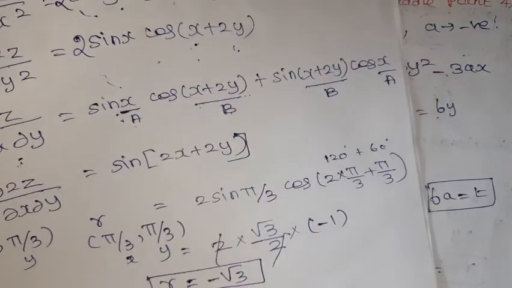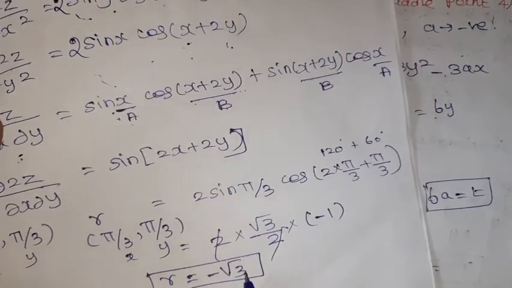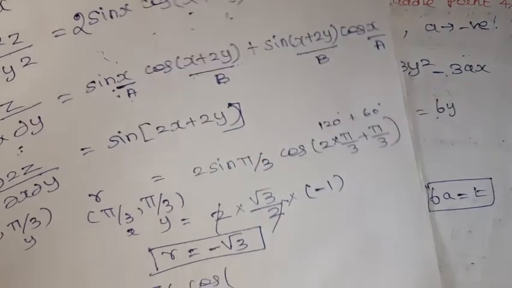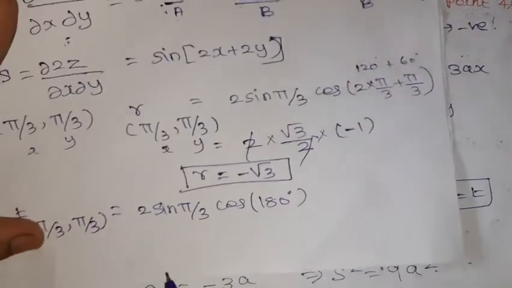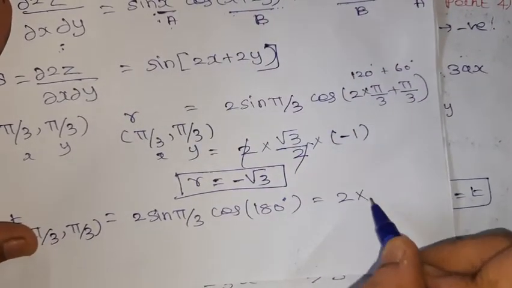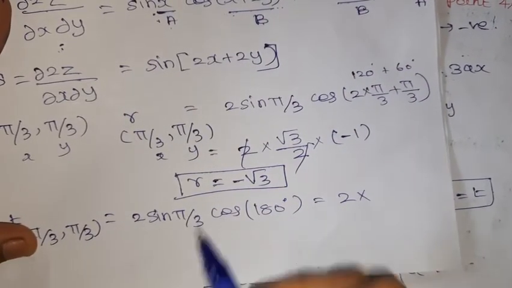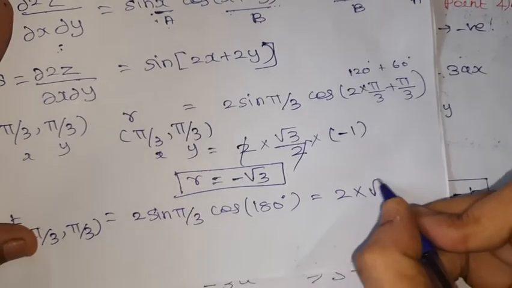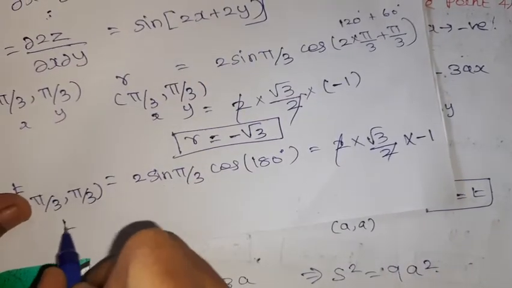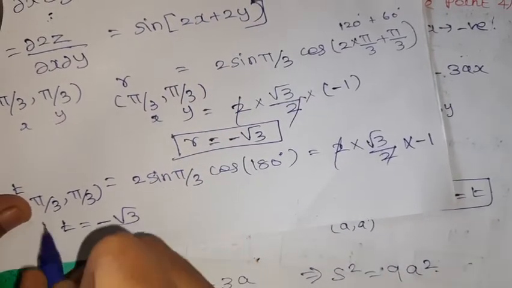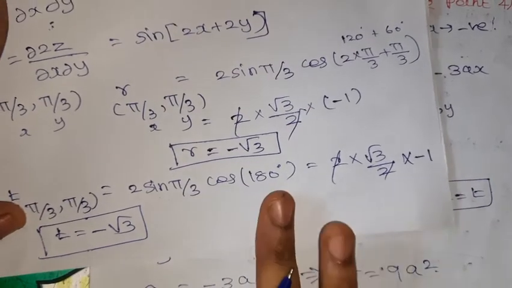Cos 180 degree alone. So cos 180 degree, what will we get? Minus cos of 60 degree. So 2 into sin 60, pi by 3 is nothing but sin 60. Sin 60 is root 3 by 2. Cos 180 is minus 1. So the t value is also minus root 3.